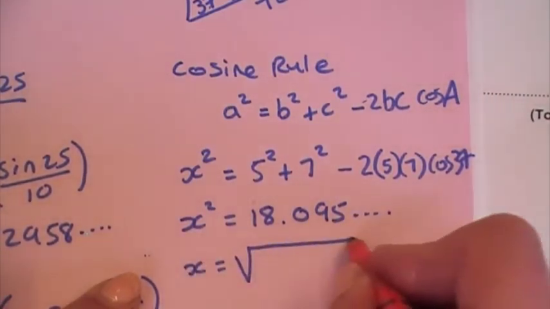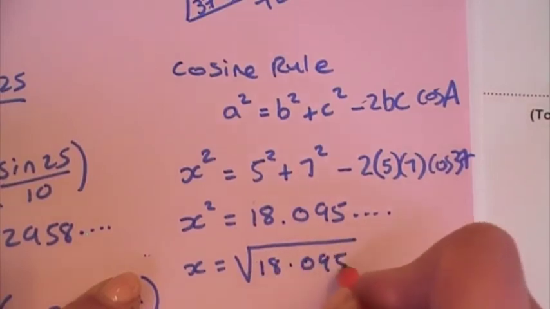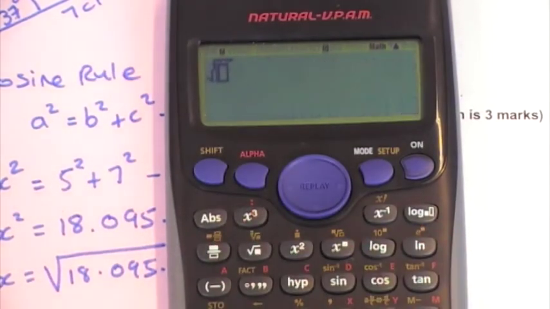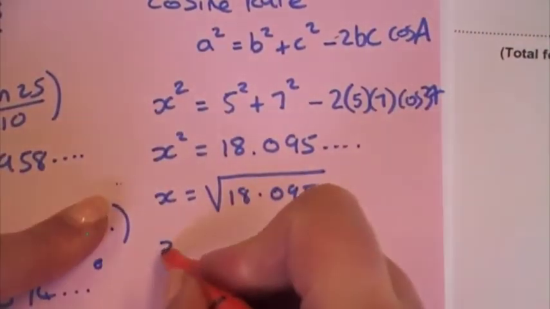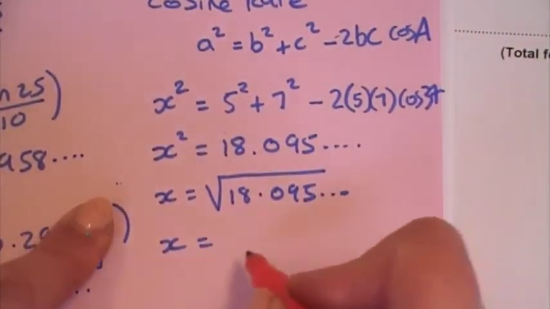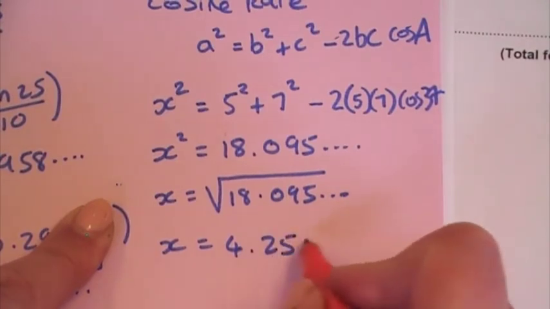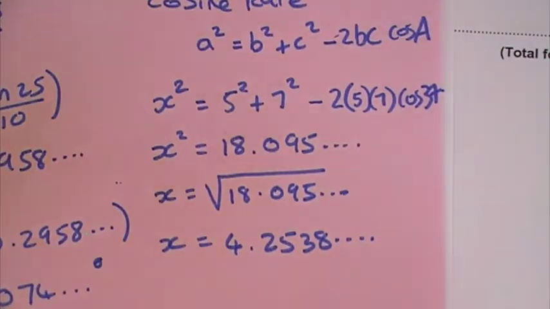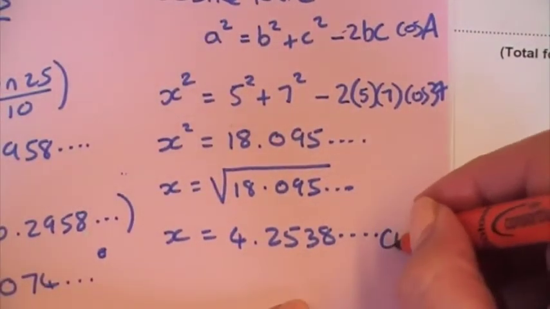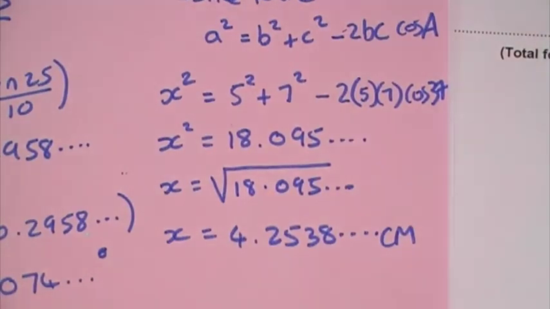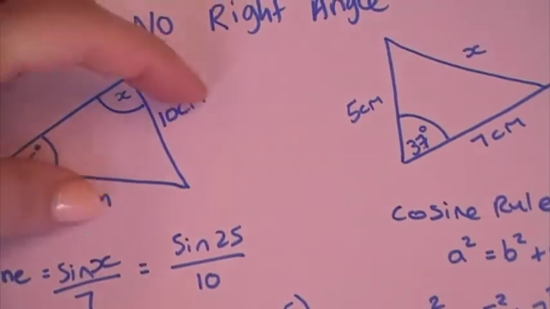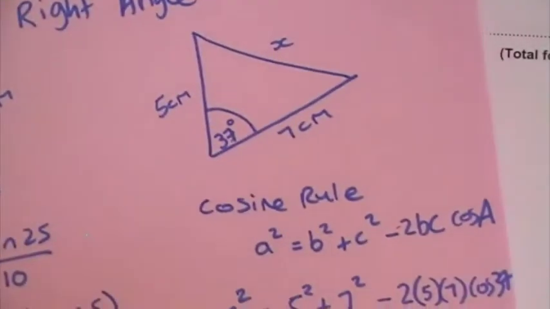So x is equal to the root of the answer you just wrote down. And to do that on your calculator, you just press root answer equals, and that gives me 4.2538. So x equals 4.2538... and they'll give you a degree of accuracy, which I haven't done here, but it's a length we found, so that's centimeters.